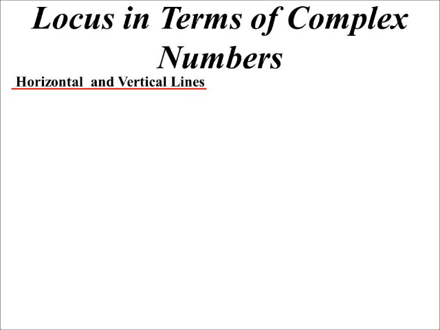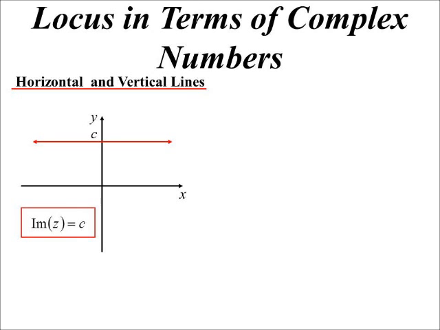So let's have a look at this thing called locus. Horizontal and vertical lines. Okay, in Cartesian geometry, we'd know that's y equals c. But if I'm talking about locus, imagine I'm plotting every possible complex number that I can, and I end up with this horizontal line, and we're saying, what do all these complex numbers have in common?